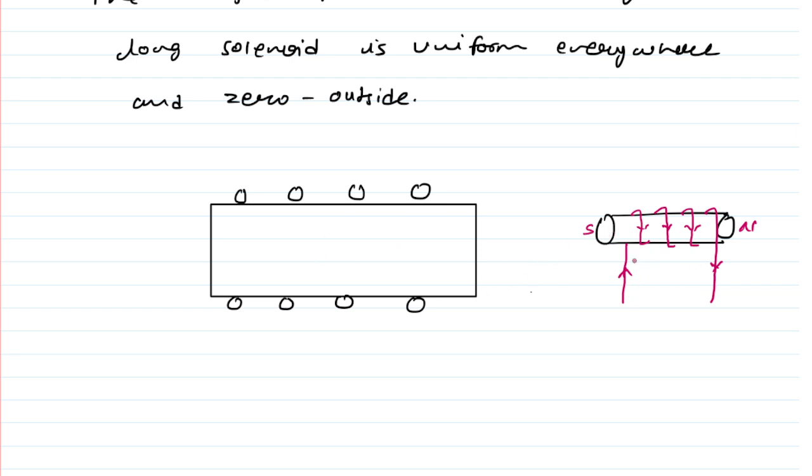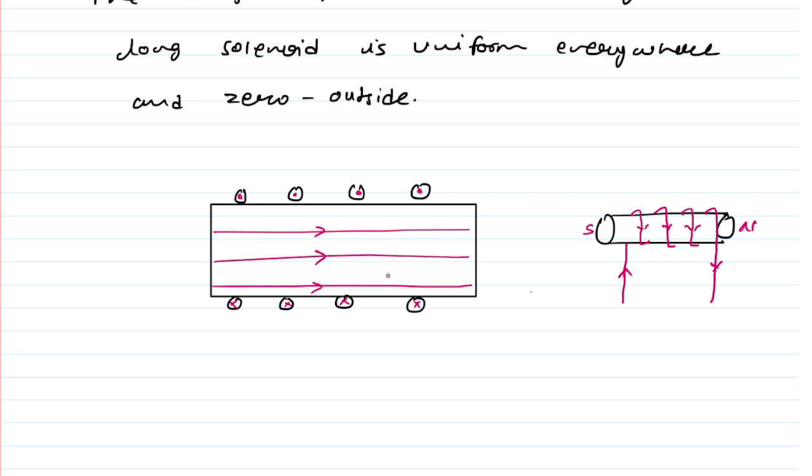So here at the bottom layer the current is entering, so we draw a cross, and at the top layer the current is coming out of the plane of the paper, so a dot. These crosses and dots are representing current, and the magnetic field is getting produced inside. We are assuming uniform magnetic field at each and every point, and outside we have taken it as zero.